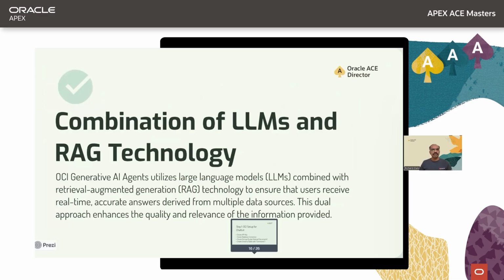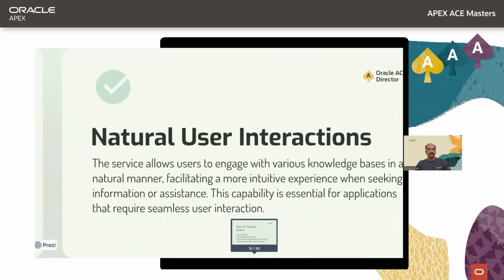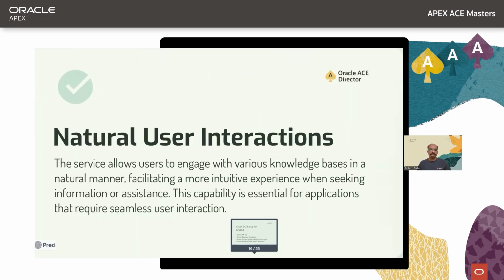Right. So this combination of LLM and RAG technology gives real-time, accurate answers from multiple data sources. It allows users to engage with various knowledge bases in a very natural manner. So we can type the question as if we were talking to a human, the way we interact with normal people.